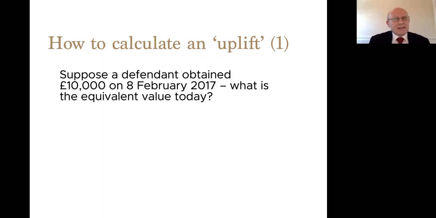This is not difficult. But let's do a couple of examples just to demonstrate. Suppose a defendant has obtained £10,000. Let's have a nice, easy figure. £10,000 on, let's say, the 8th of February 2017. What is the equivalent value today? Well, first of all, because the CPIH is published monthly, it actually doesn't matter when in February 2017 he acquired that. It will be the same whenever in February 2017.